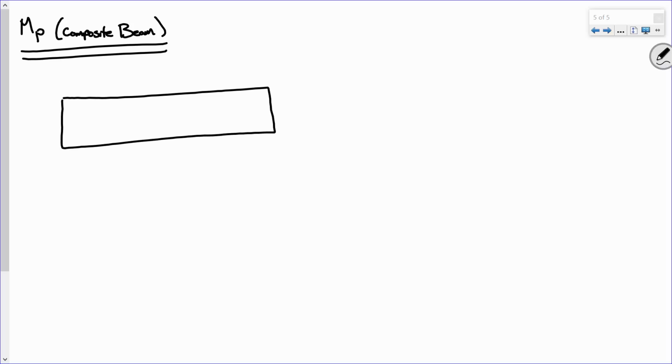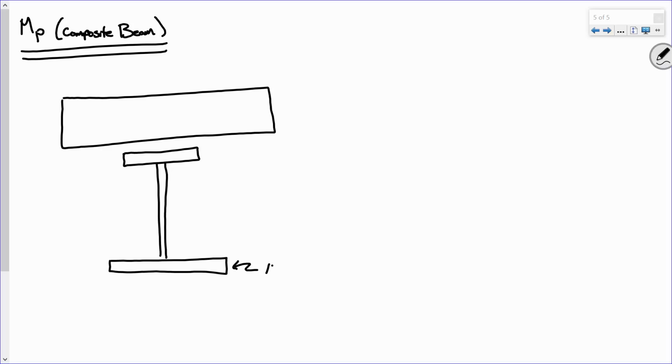All right, we have this, we have this, we have this. Okay, now, if you recall, this is 16 by 1.25. This is 42 by 7/16. This is 14 by 3/4. And this slab, okay, so it's 102 inches.